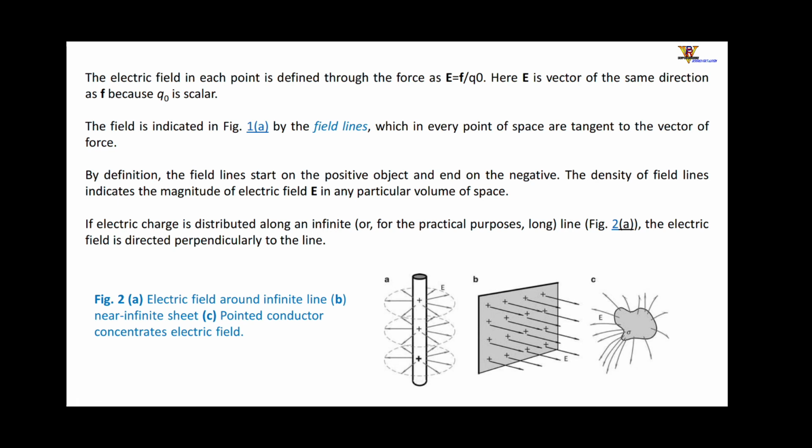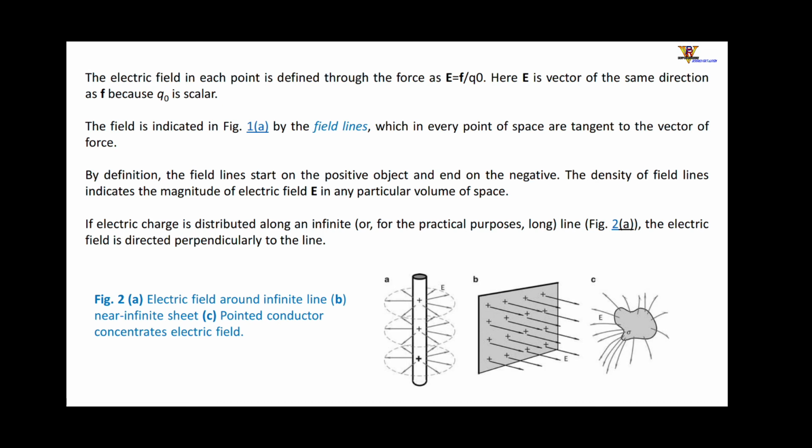Similarly, a pointed conductor concentrates the electric field. C is a conductor that can concentrate the electric field. If this conductor has positive charge, the field is radially outward. Electric lines of force are radially outward, and if it is negative charge, then the electric lines of force are inward.